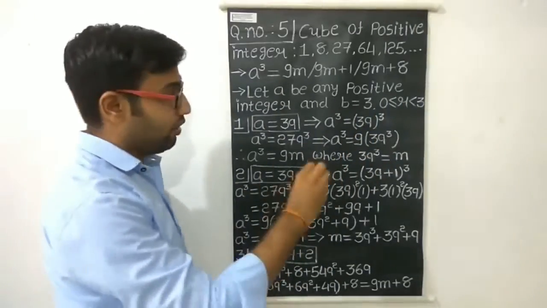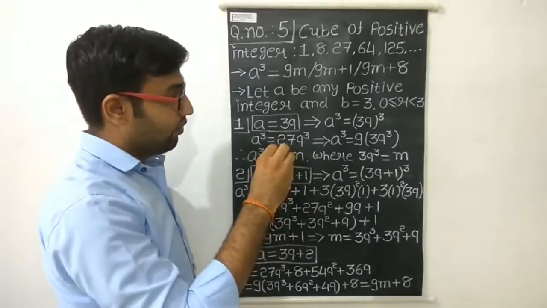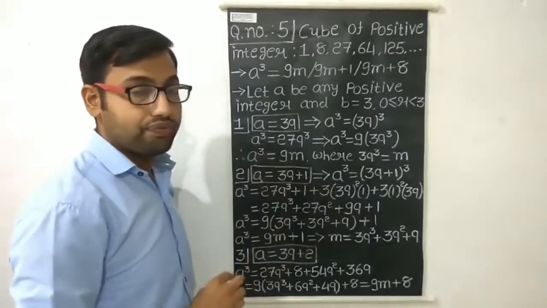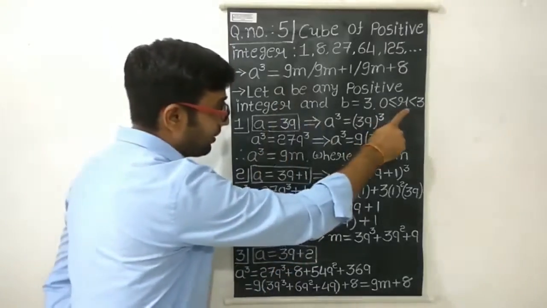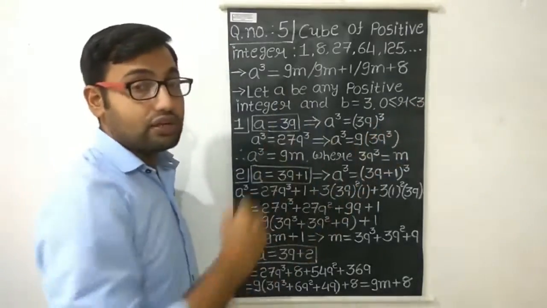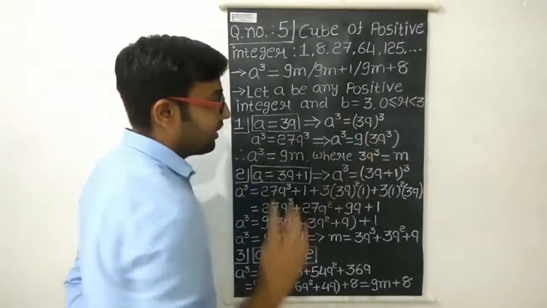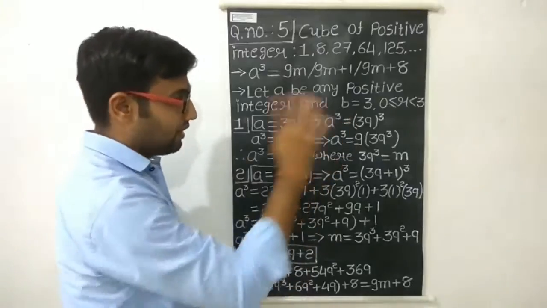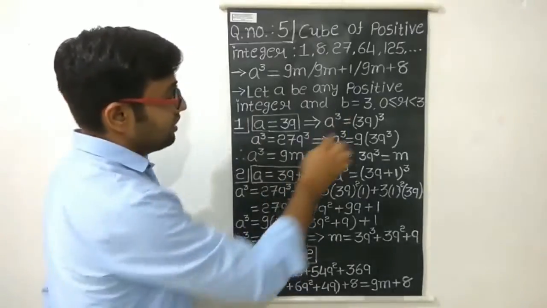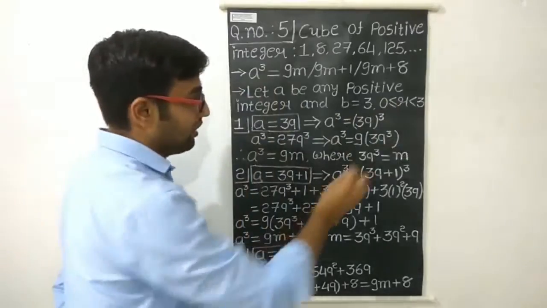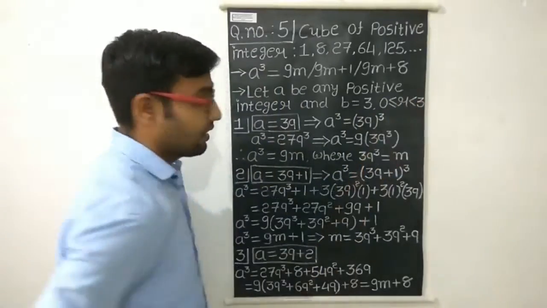So for 3, the values of r are 0, 1 and 2. If we take 9 here, then we have 9 values, so that sum will be lengthy. Instead of that, we can take 3. Yes, we can take this value as 3 because 3 is a factor of 9. That is why we can take the value of b as 3.